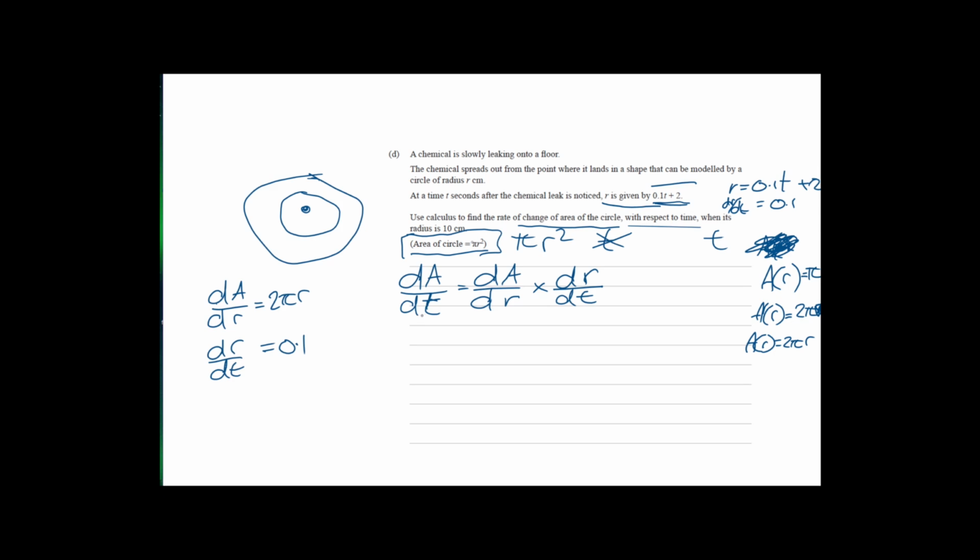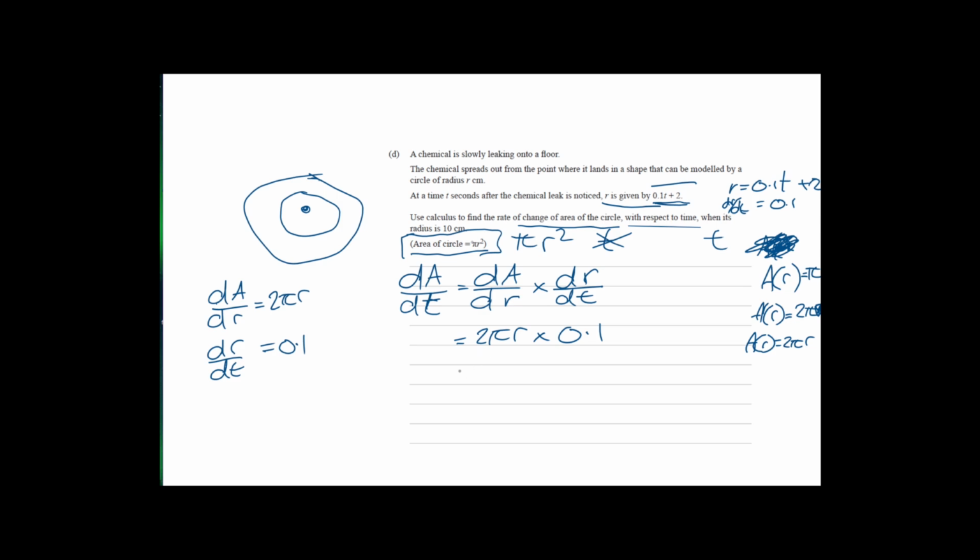Okay. So dA over dr, we already worked that out as 2 pi r, and the change in radius with respect to time is 0.1.